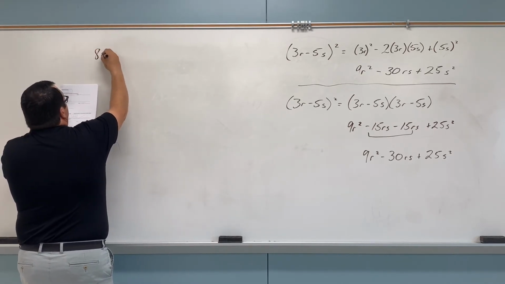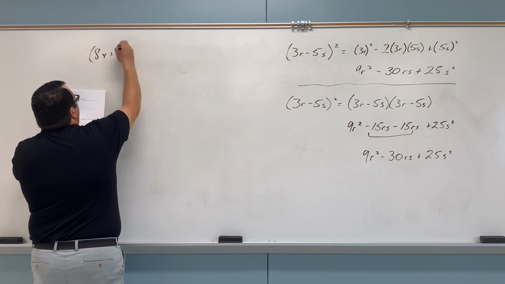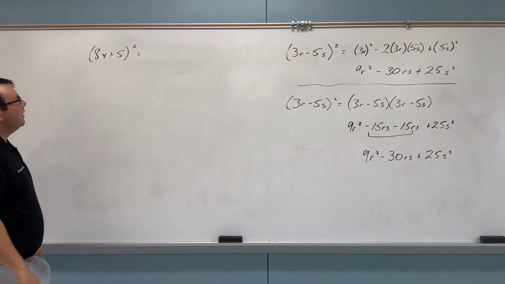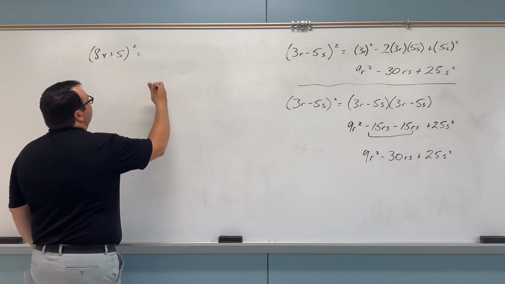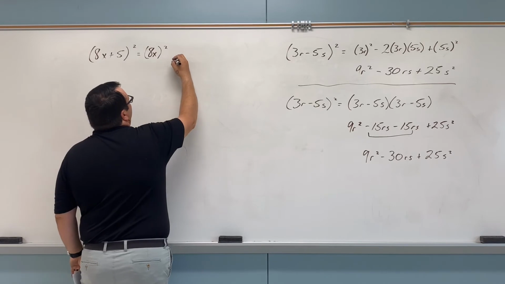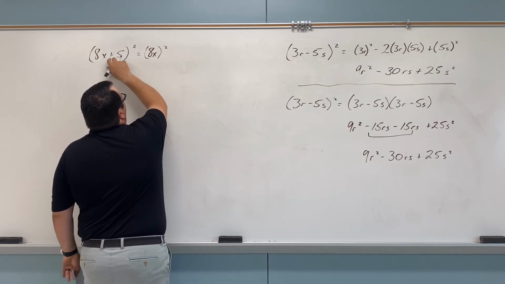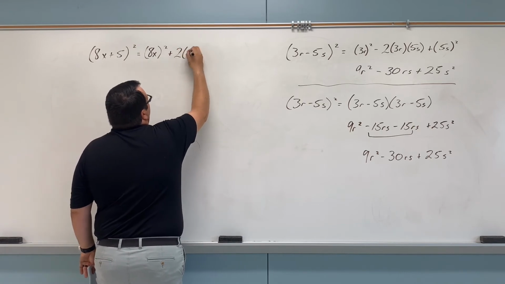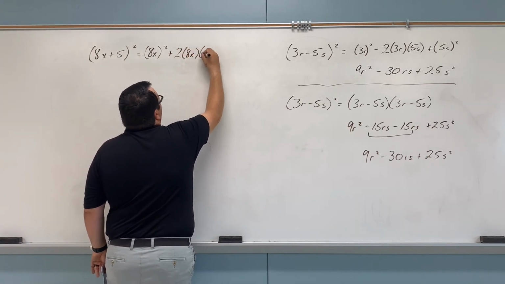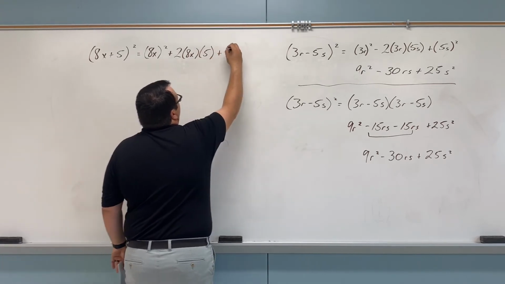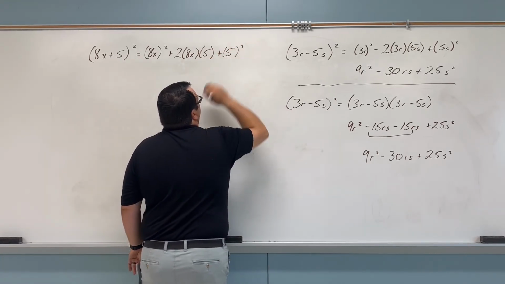But my next example is 8x plus 5. This is a quantity squared. By definition, I know that I'm going to have my first term squared. I'm going to have plus, because this is a positive, plus 2 times my first term times my last term, plus my last term squared.